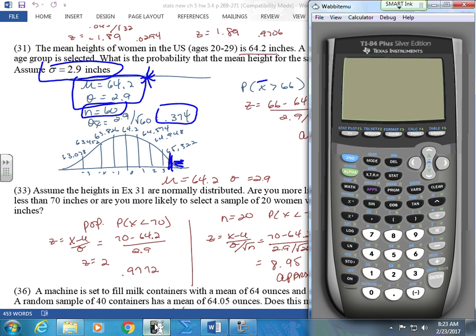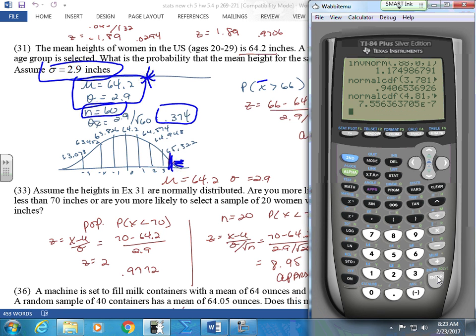And let me confirm it this way. If you are comfortable with your calculator, I'm going to go to inverse. I'm going to say my lower limit, I'm just going to use my z-score, is 0.481. My upper limit, 999, that's fine. I'm going to set this back to 0 and set this back to 1, just because I want an area. Your calculator can find your area.